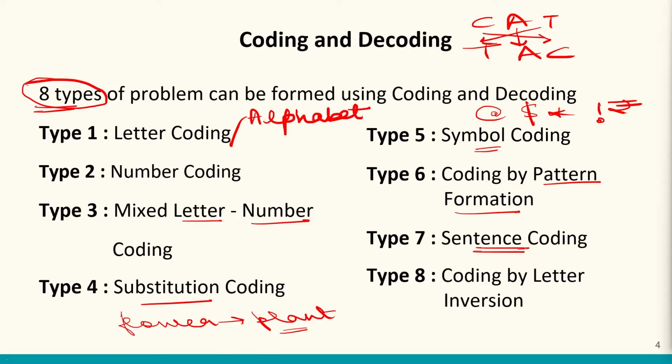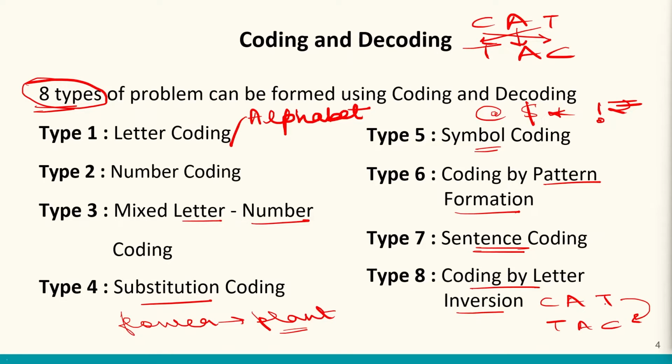Then we have sentence coding, in which an entire sentence is coded into different symbols, letters or words, and we have to decode them. And coding by letter inversion. Letter inversion means if cat is written as TAC, we have inversed the order of the alphabets.